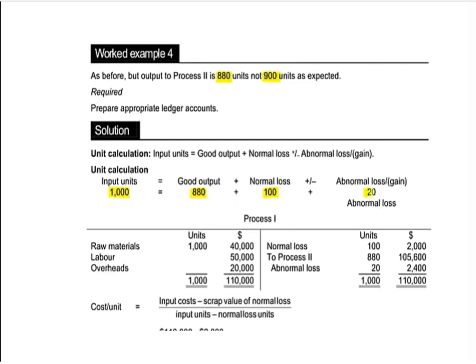And the abnormal loss here is the balancing number, which is 20 units. So you'll notice that we have an additional line down here for the abnormal loss of 20. We do not ever increase or adjust the value of the normal loss. That always stays the same.